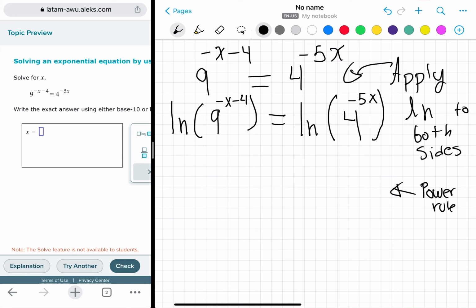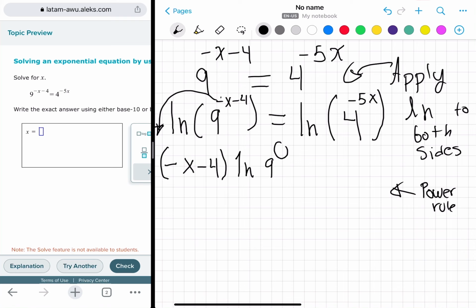Remember, power rule tells me when you have an exponent in your logarithm, you can put it out of there, like this. That minus x minus 4 will go down to this place. So I'm going to have minus x minus 4 multiplying my natural logarithm of 9.